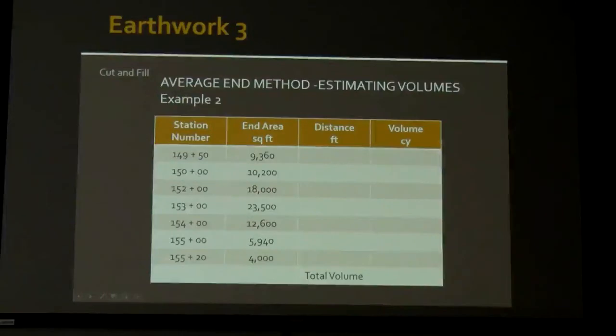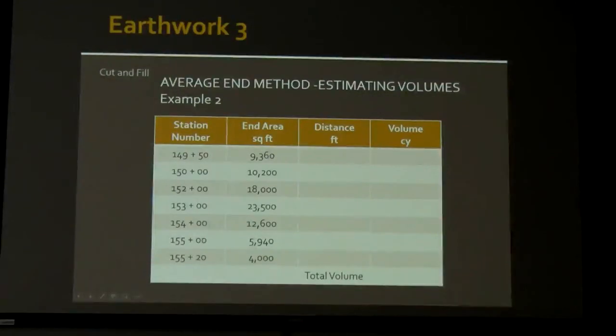Here's a situation where the L is not equal in each case. Here it's 50, here it's 200, here it's 100, here it's 100, here it's 100, and here it's only 20. For the cross-sectional areas, the first cells at the top for distance and volume are 0. If the distance is 0, of course the volume is going to be 0, because it's the cross-sectional area times 0.